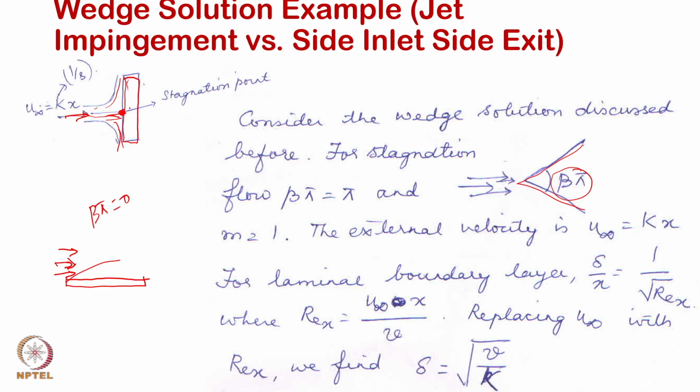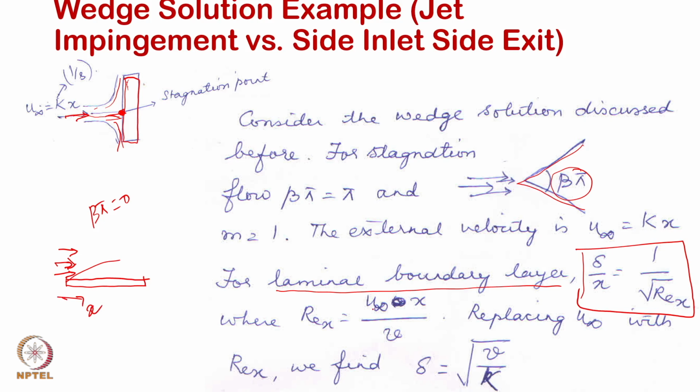So, we look into some aspects of this and we will focus on the laminar boundary layer for now and not worry about the turbulent boundary layer, but the discussions are equally good for laminar or turbulent. We know for a laminar boundary layer, the boundary layer thickness is given by this expression, where delta is the velocity or aerodynamic boundary layer thickness, divided by x, the x direction, equal to 1 by square root of the local Reynolds number.